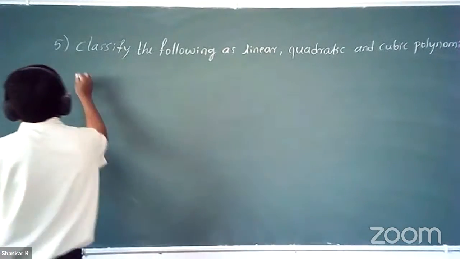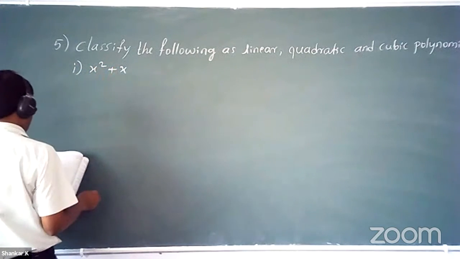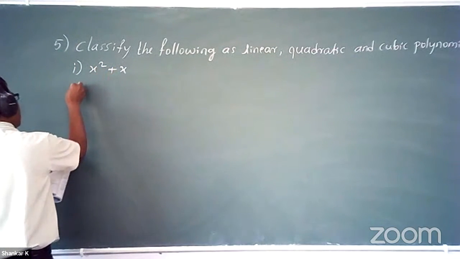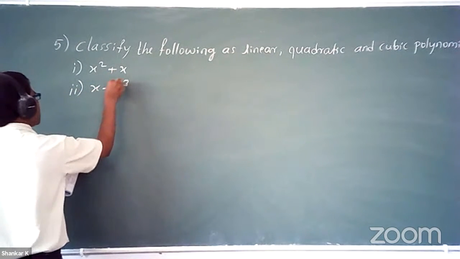First one, x square plus x. Second, x minus x cube.